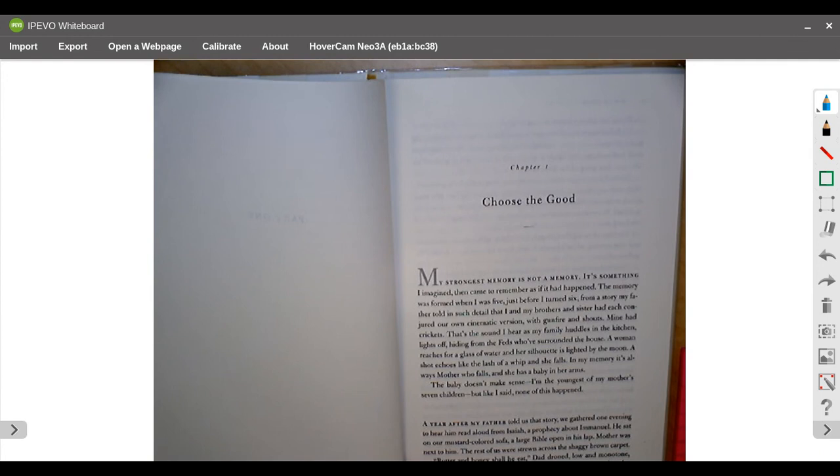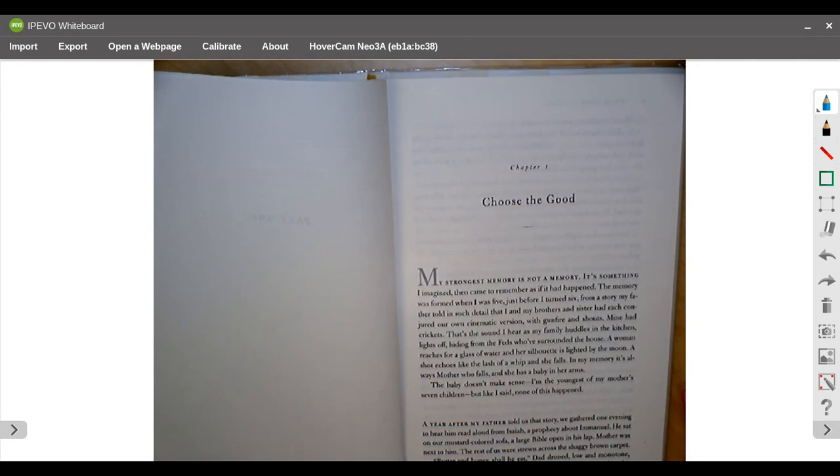That's the sound I hear as my family huddles in the kitchen, lights off, hiding from the feds who surrounded the house. A woman reaches for a glass of water, and her silhouette is lighted by the moon. A shot echoes like the lash of a whip, and she falls. In my memory, it's always Mother who falls, and she has a baby in her arms. The baby doesn't make sense. I'm the youngest of my mother's 7 children. But like I said, none of this happened."